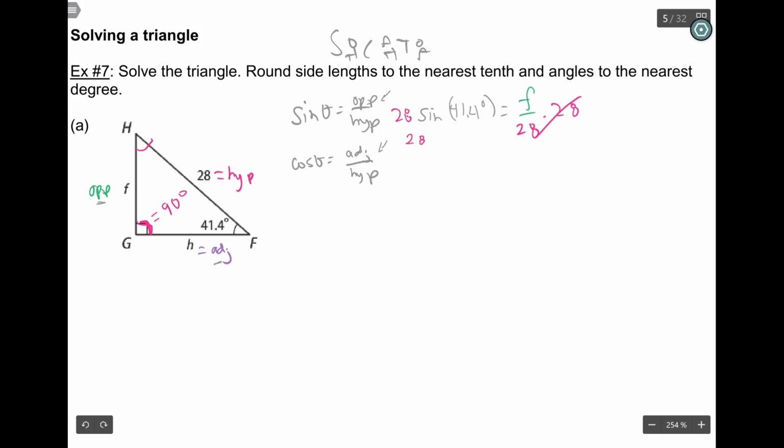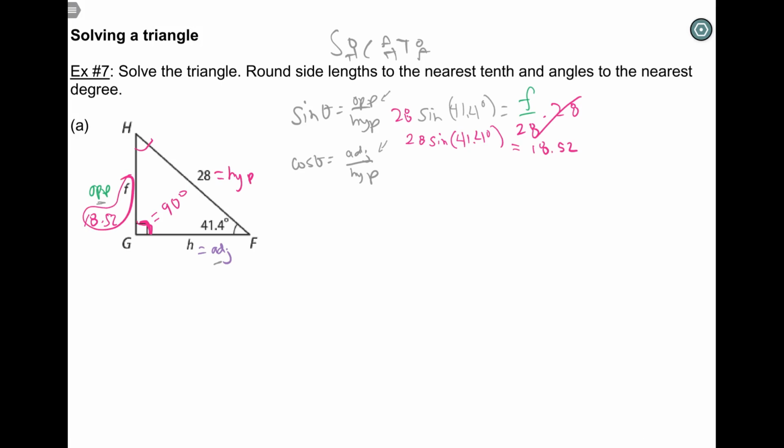So 28 times sine of 41.4 degrees, plug it into your calculator, once again making sure you're in degree mode, is going to equal 18.52. Ooh, ugly, but whatever.